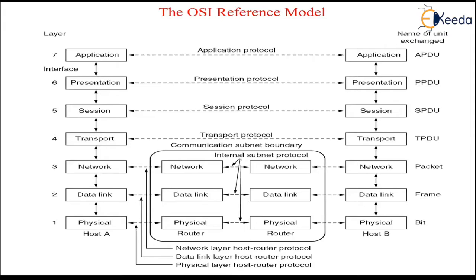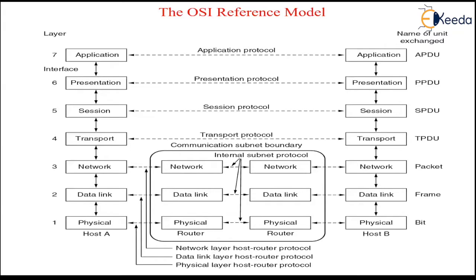The physical layer is concerned with the connection of devices to the media. In a point-to-point configuration, two devices are connected through a dedicated link. In the multi-point configuration, a link is shared among several devices. The physical topology defines how devices are connected to make a network. This is also the responsibility of the physical layer.